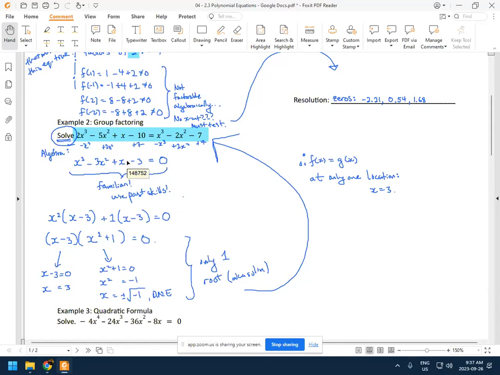Now we're going to throw it away? No. The reason why it was learned is because you can do this pretty much throughout your university. Set it up to one side, making the other equal to 0. Make it look like you're looking for x-intercepts. But when you find that value, it's actually referring to the original question. So this one and that one have the same answer. That's essentially it.